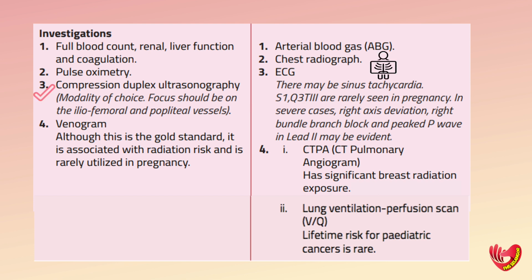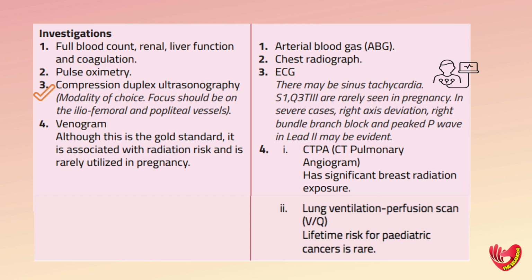Chest X-ray is done to rule out other conditions like pneumonia, which would present similar to pulmonary embolism. Most of the time, ECG would show sinus tachycardia, as S1Q3T3 is rarely seen in pregnancy.